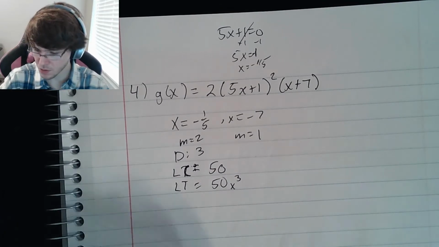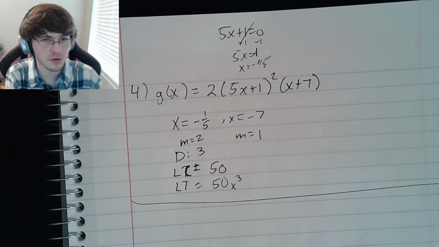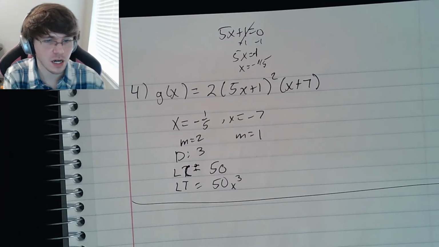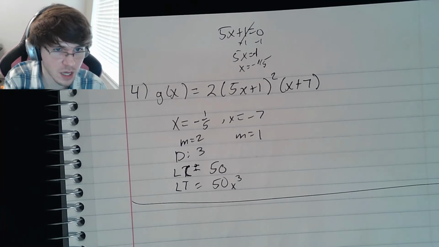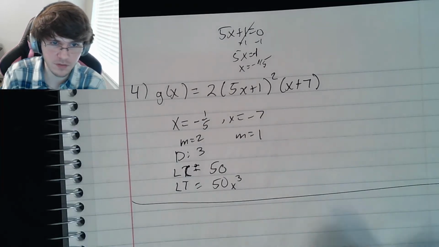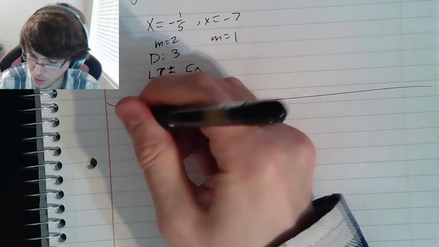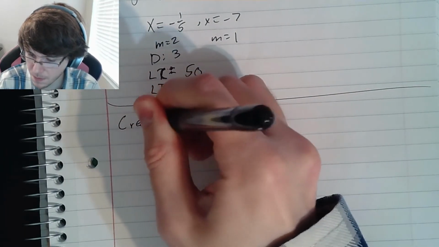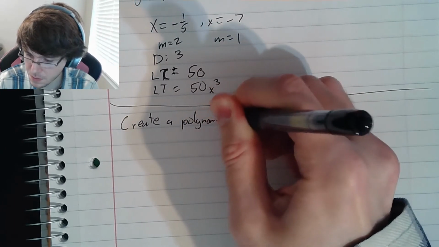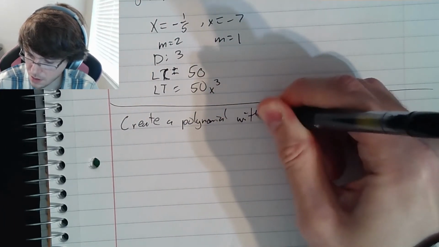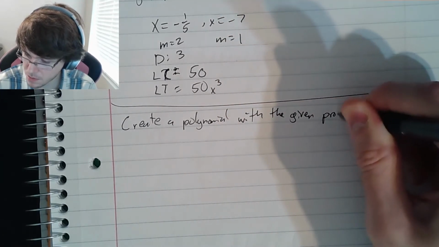All right, so those were this type of example. Now we're going to go the backwards type of example. Isn't that wonderful? I think it's wonderful. So I'm going to keep on going with it. So we have, it says, based upon the above definition, we want to create a polynomial in factored form. So create a polynomial with the given properties.